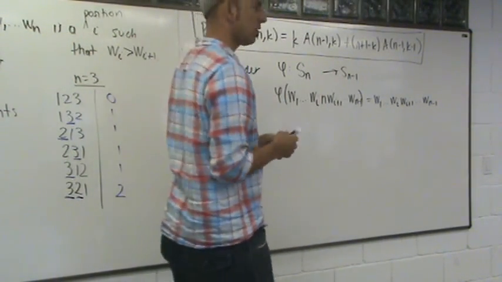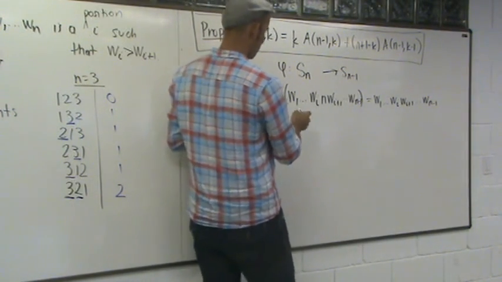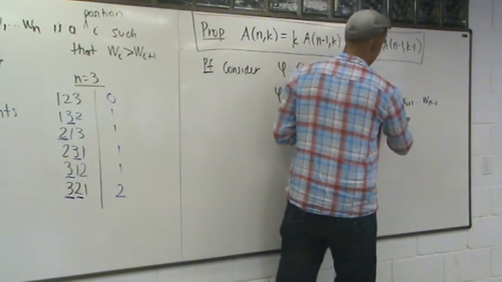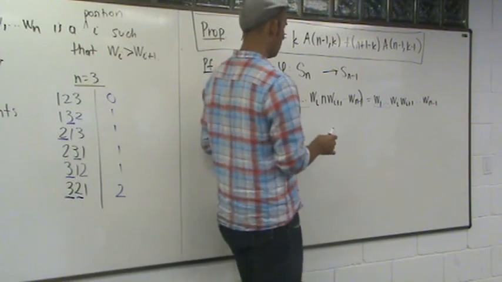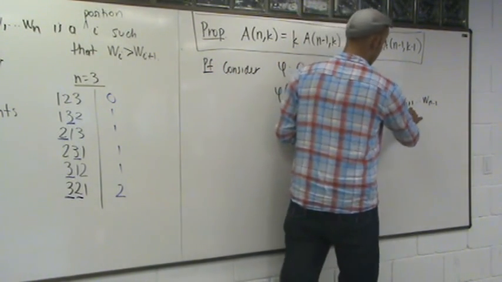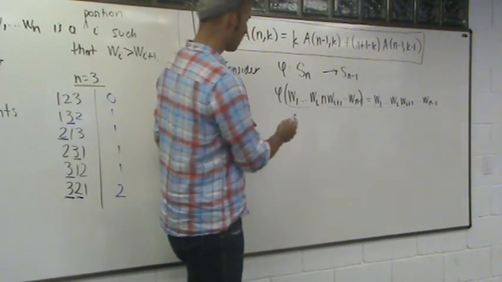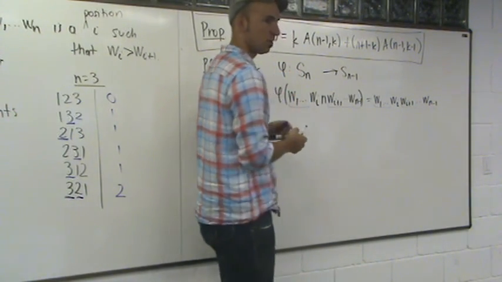Where can I lose or win a descent? Well, the descents over here are the same as the descents over here. If I have a descent here, I still have it there. The only place where it can change is around n.